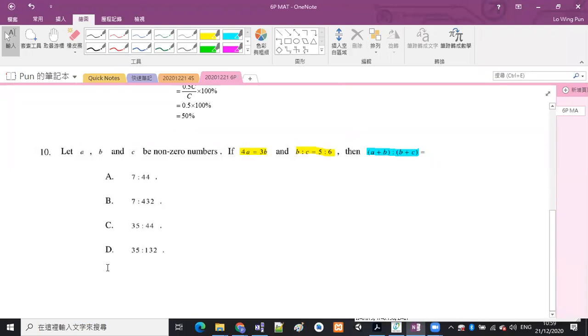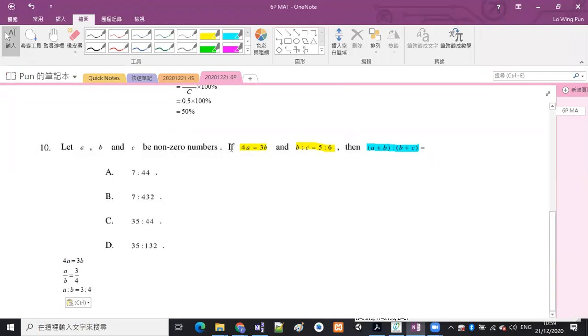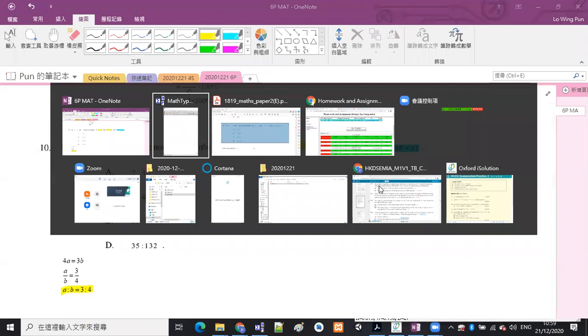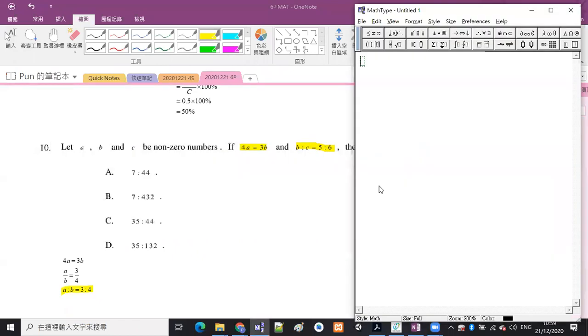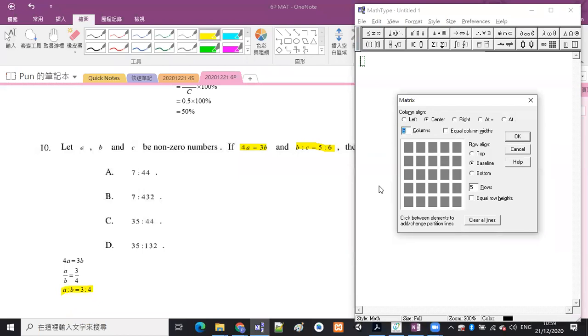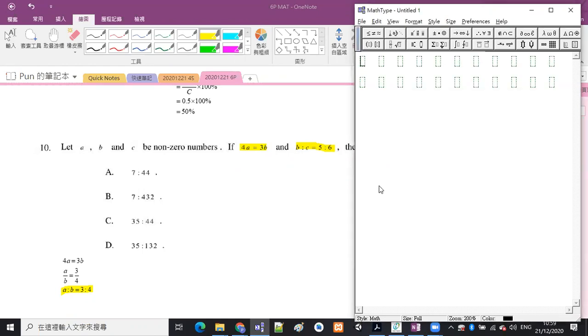So let me paste it here. 好啦，A 比 B 係3比4，但係我哋仲有 B 比 C 係5比6喎。Okay, so A to B is equal to 3 to 4. Okay, and then we have B to C is equal to 5 to 6. Can you get this?